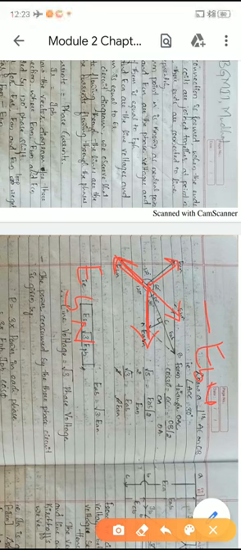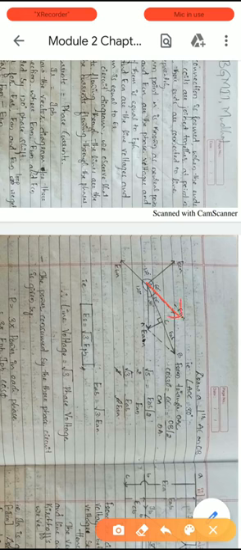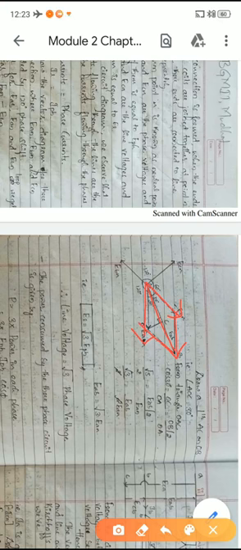Now these two are just like two sides of a parallelogram. Then what will be their resultant, or their summation? It will be a diagonal. So draw a parallel line like this and a parallel line like this. Why? Because if two lines are parallel, then their magnitudes are equal.